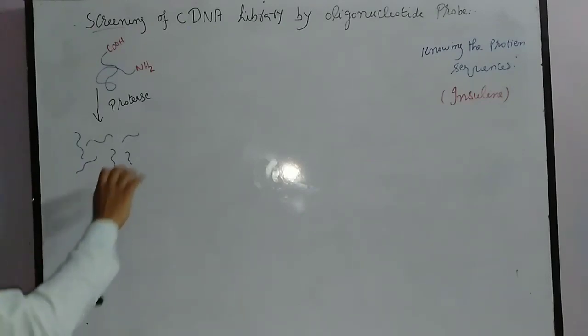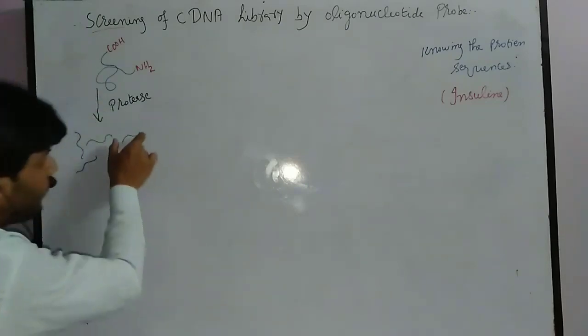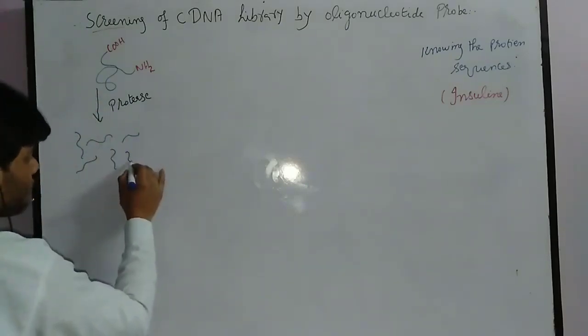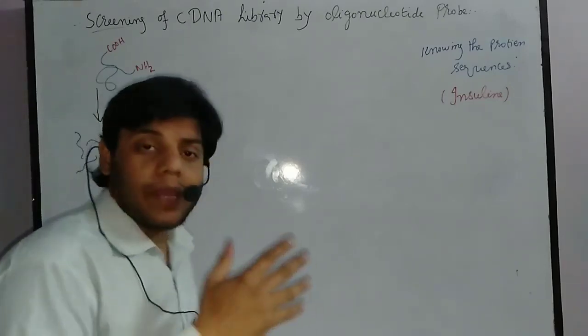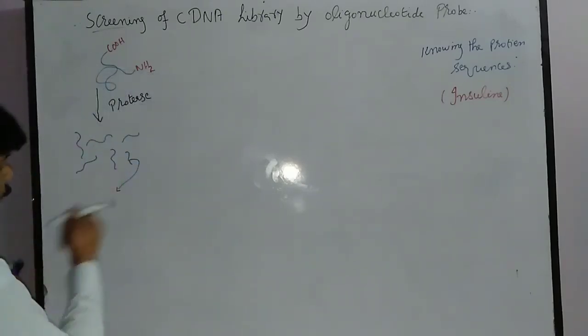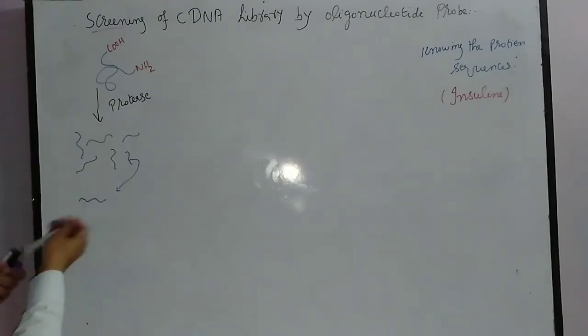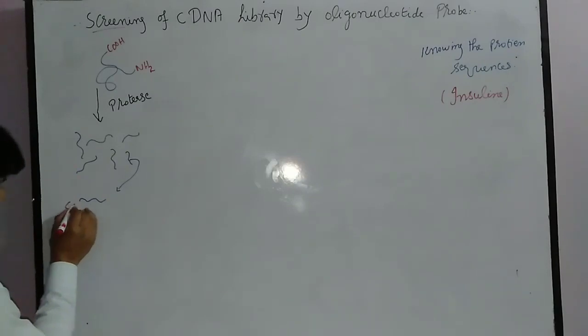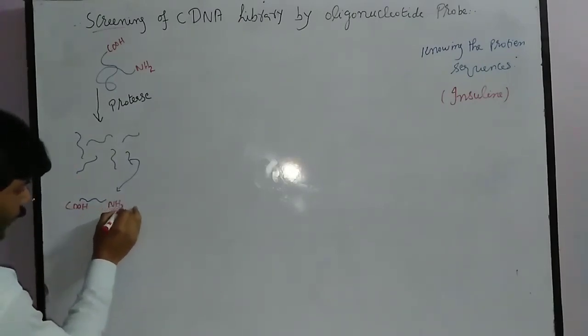Let's suppose we take only one of the peptides to make the possible DNA sequences. This peptide also has the carboxylic acid at one end and the amino group at the other end.